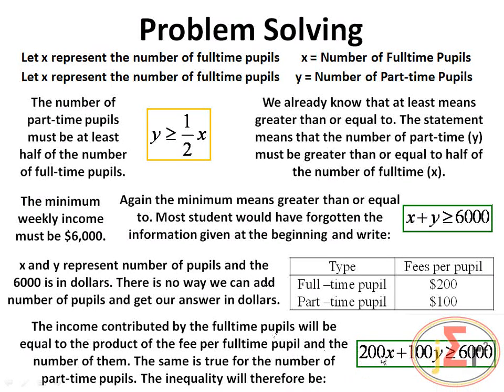So the inequality should rightly be written 200x plus 100y is greater than or equal to 6,000. Of course, we have our money here and more money here. So we are sure that if the answer that we have is $6,000, in terms of the units, we are correct.